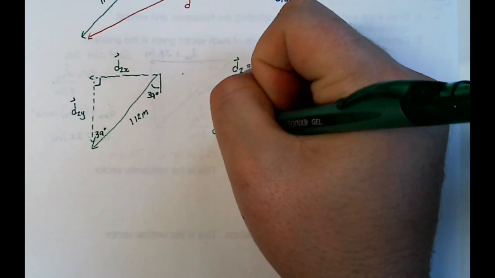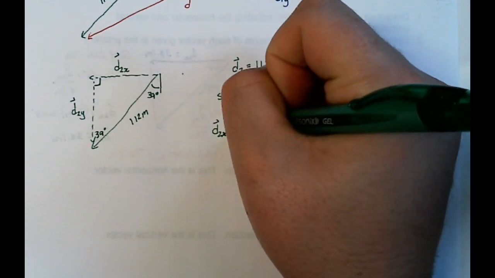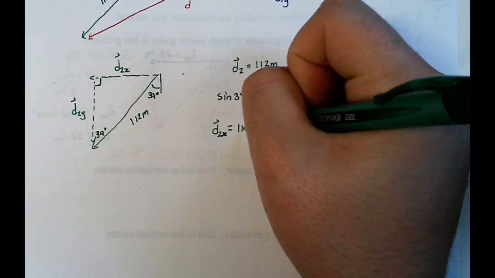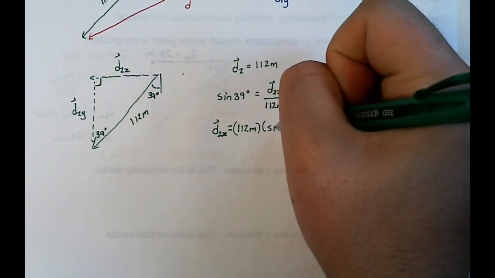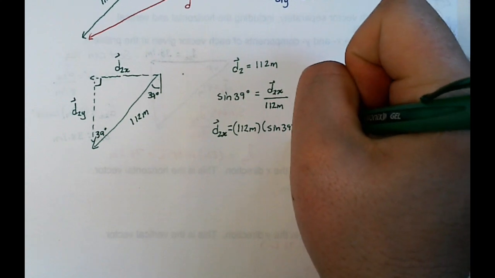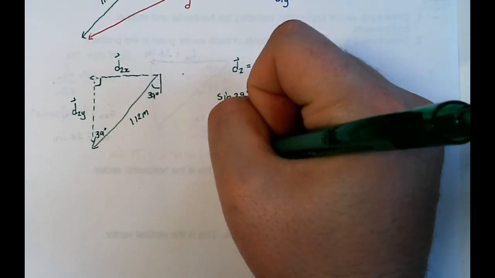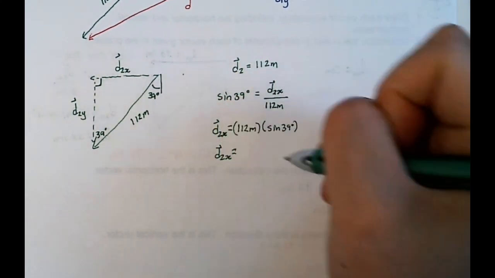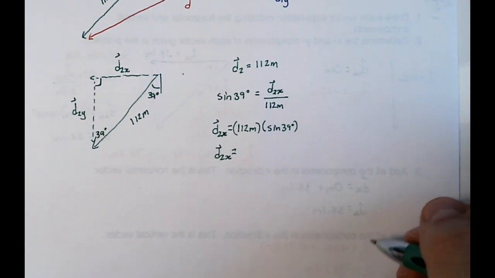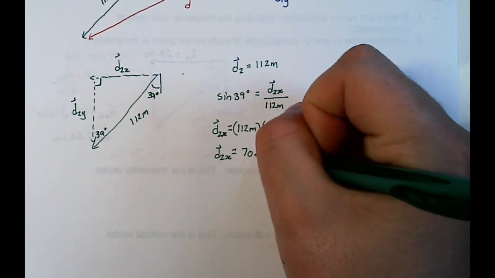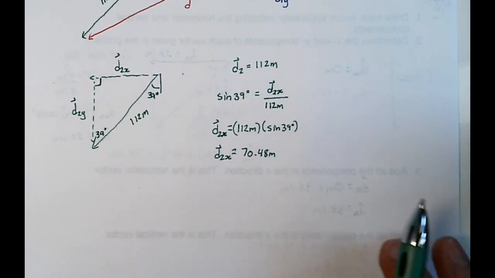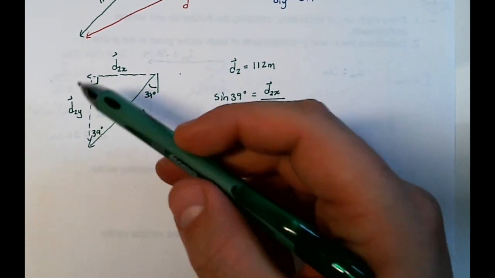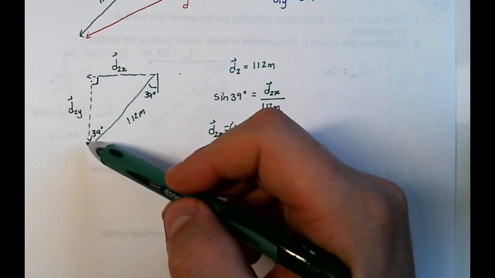So if I rearrange, d2 in the x direction is equal to 112 meters times the sine of 39 degrees. And when you calculate and solve, you're going to get an answer of 70.48 meters.